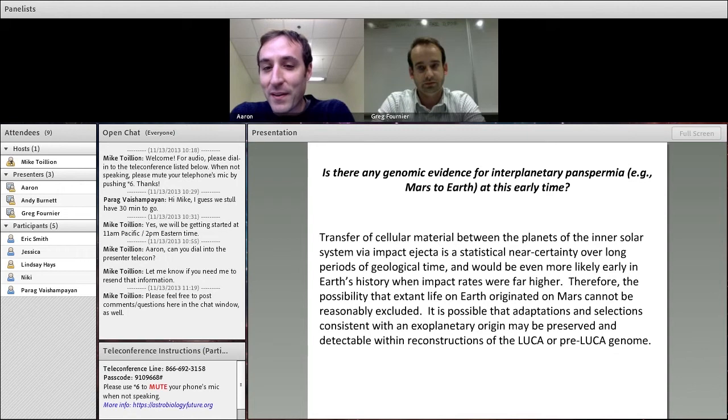It may be difficult then to disentangle these from the late heavy bombardment, but perhaps they might also give us a clue to the region of, or the planet or moon of origin as well. And so this is something that at least is not outside of the field of the last universal common ancestor reconstruction.